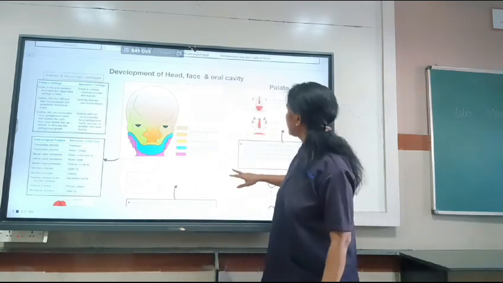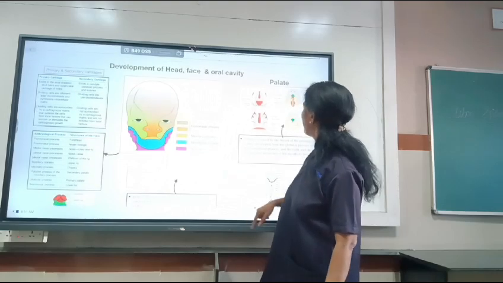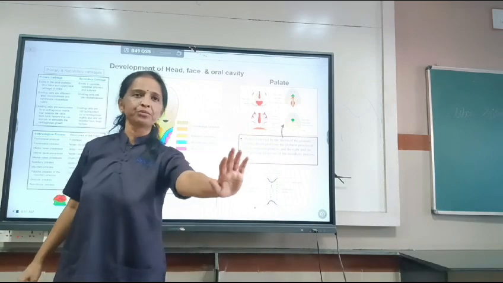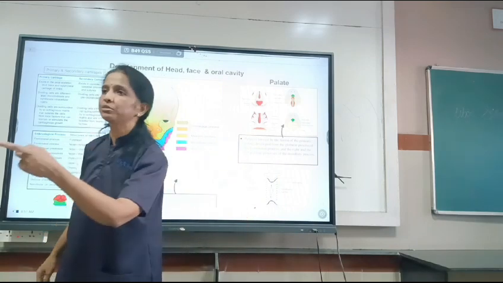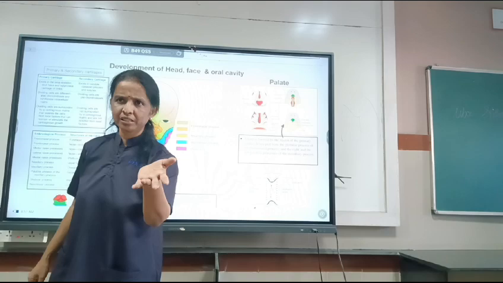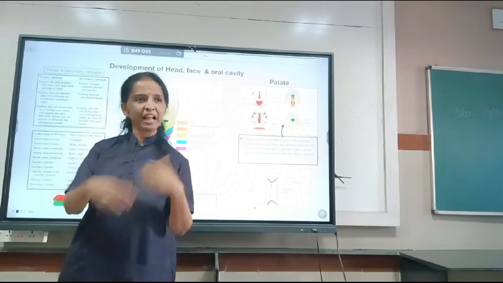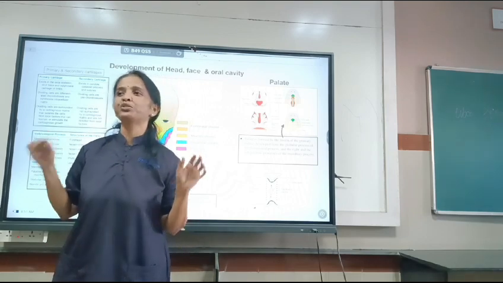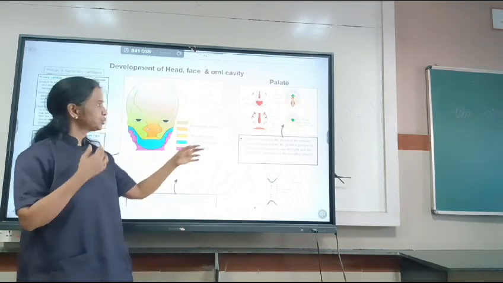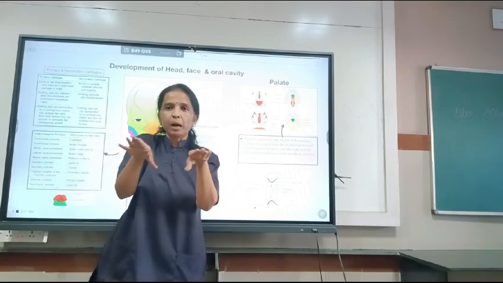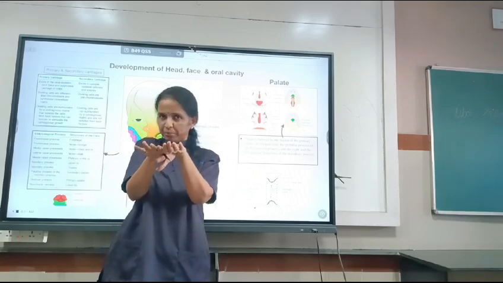Okay. Now specifically about the palate. So palate is very important. We already know what gives rise to the palate, right? What gives rise to the palate? Maxillary process. Palate is in 2 parts, primary and secondary. That you already know, but that much is not enough, because for the palate, you should also know that these 2 processes, the right and left, should come together and fuse at the midline.